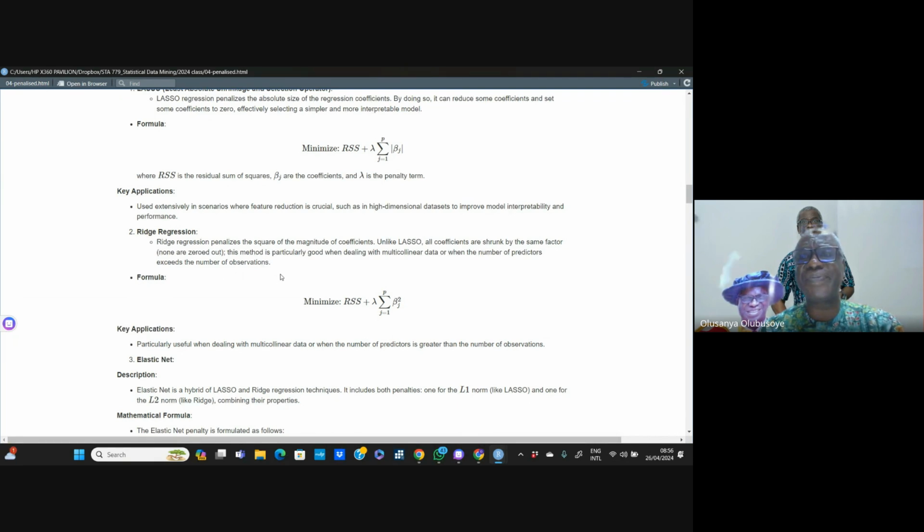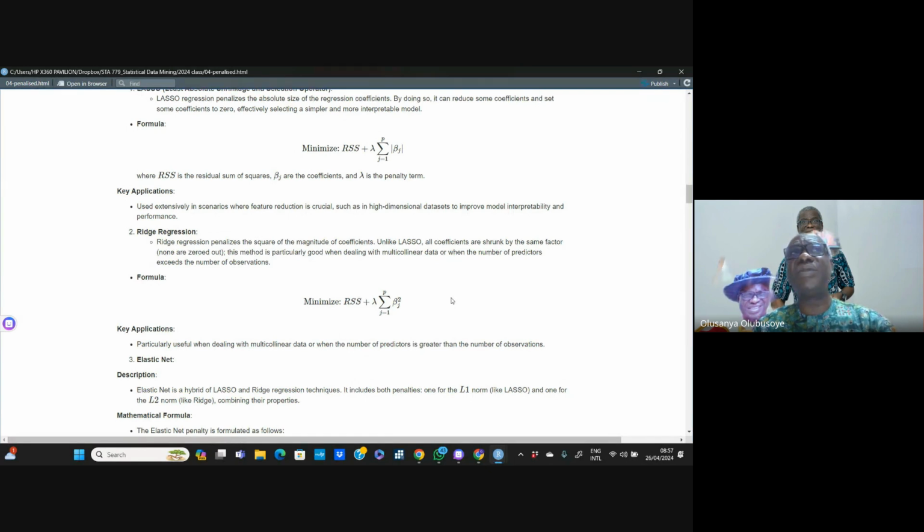Unlike LASSO, all coefficients are shrunk by the same factor. So none of them will be zeroed out. This method is good when we are dealing with multicollinear data, data with multicollinearity, or when the number of predictors exceeds the number of observations.